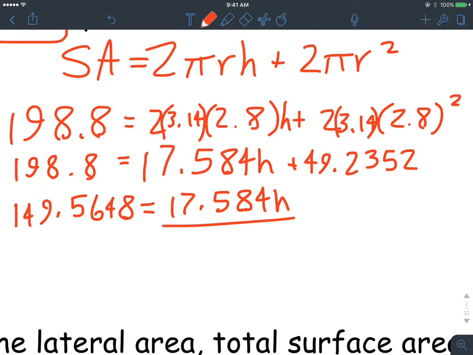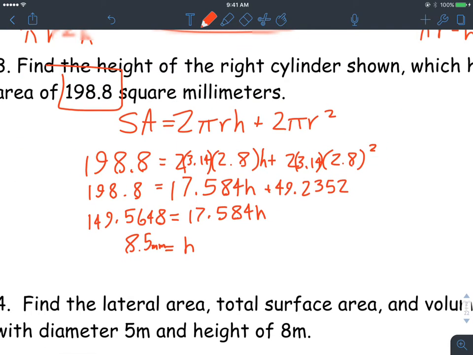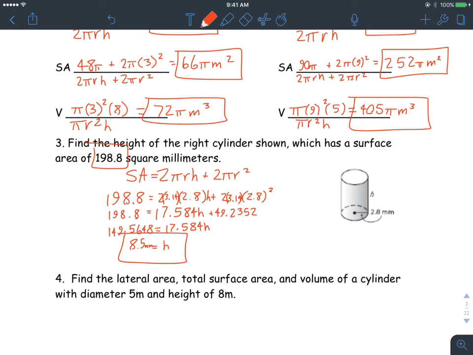And then go and divide both sides by the 17.584, and you're going to get h equals 8.5. And then I guess the units, I think it was in millimeters. And that is your height. So that's working backwards there. Not the prettiest of examples because it has a lot of decimals.